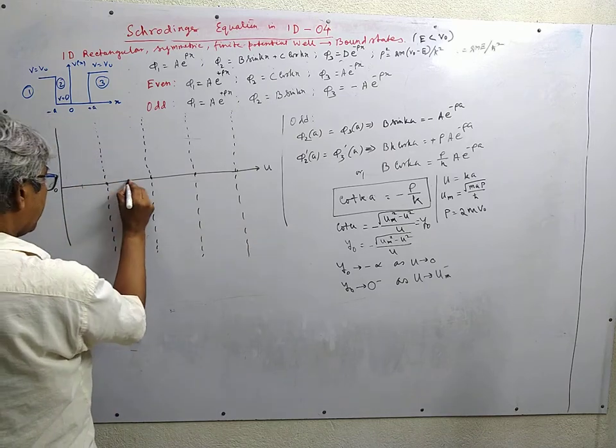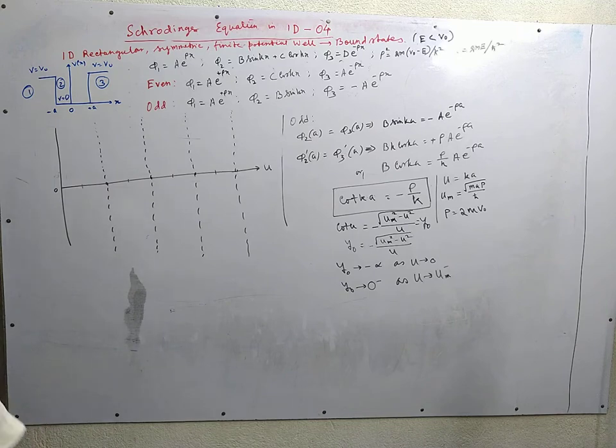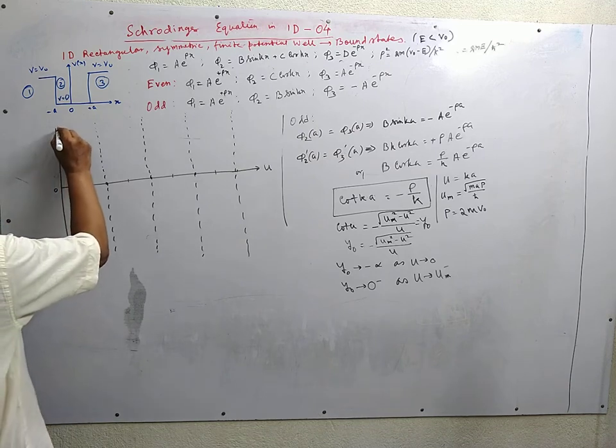These are the middle portion, pi by 2, 3 pi by 2, 5 pi by 2, and so on and so forth. Now, the Chord function.